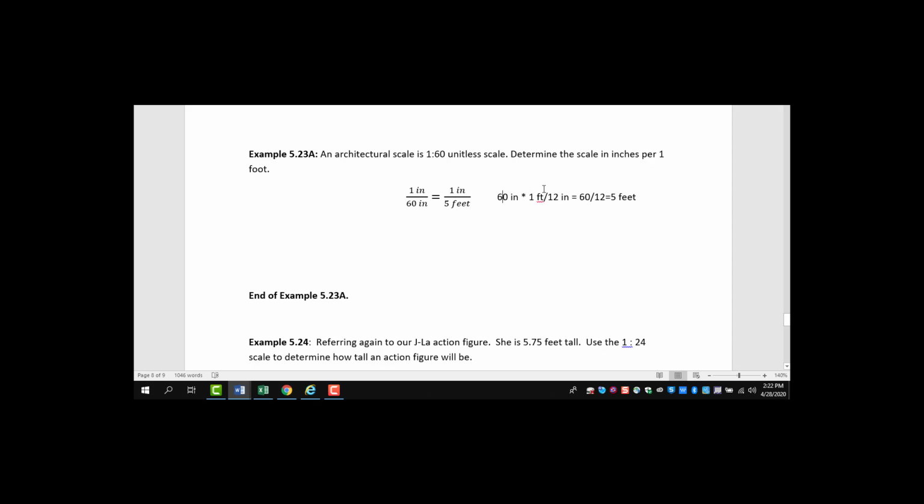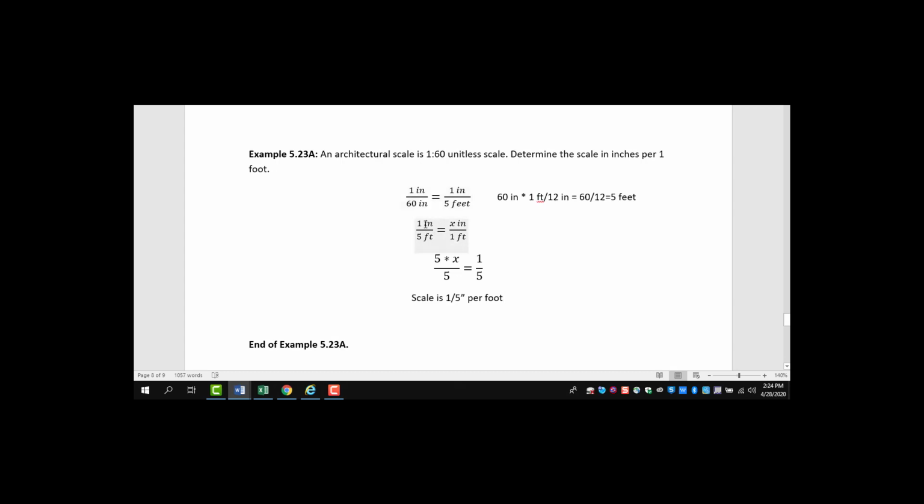The inches cancel. 60 divided by 12 is 5, right? So now I need one more proportion, because I want to convert 1 inch to 5 feet to some fractional amount of inches per 1 foot. So think about how I'm going to set that up.